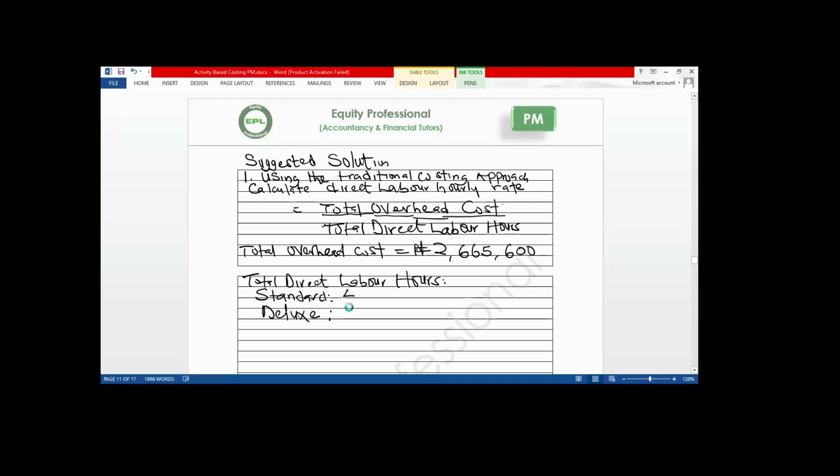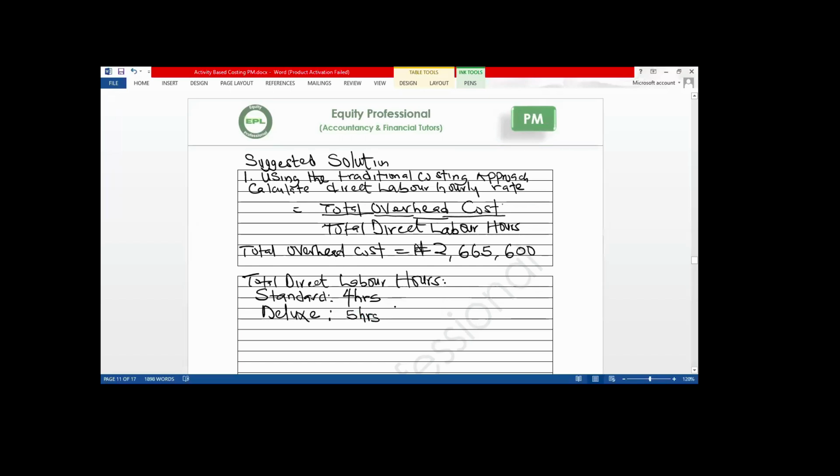To produce a unit of standard, we require 4 hours. Go back to the question again. What is the labor hour per unit of doulos? 5 hours. To produce a unit of doulos, the labor hour is 5 hours.